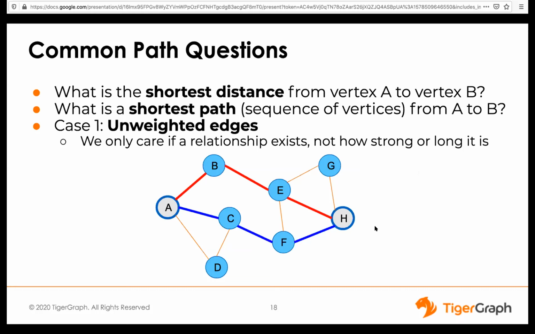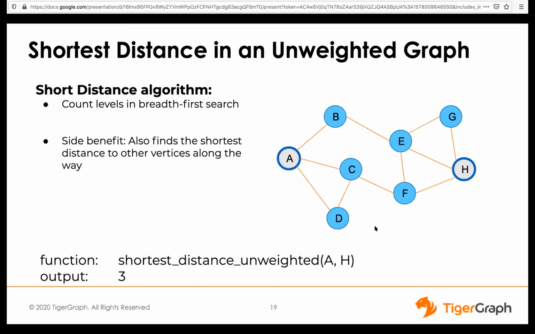But maybe you want to know what's the actual path. Oh, okay, the path is maybe A to B to E to H. Or there's also a path A to C to F to H. So we're going to look at the first case with an unweighted graph where we're just counting the number of links.